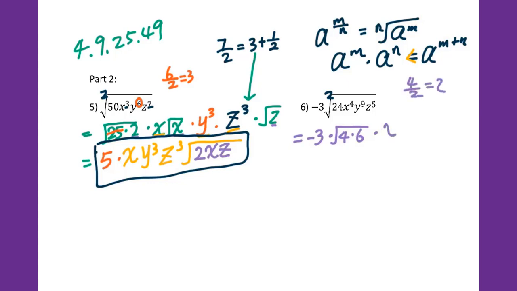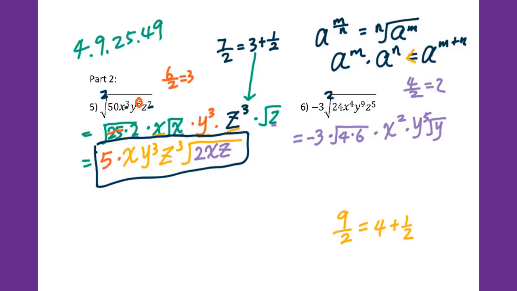So you will get x squared. Look at the y. Y is 9 over 2. So you will get 4 plus 1/2. This 4 will be the exponent. So y to the 5th power, square root of y.